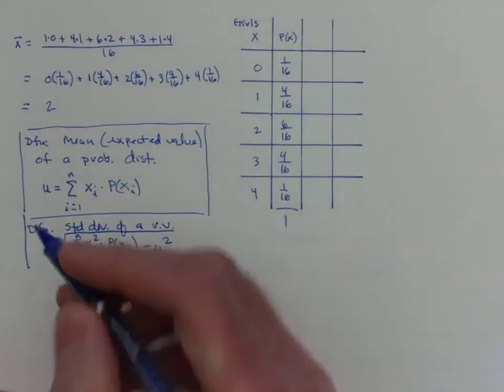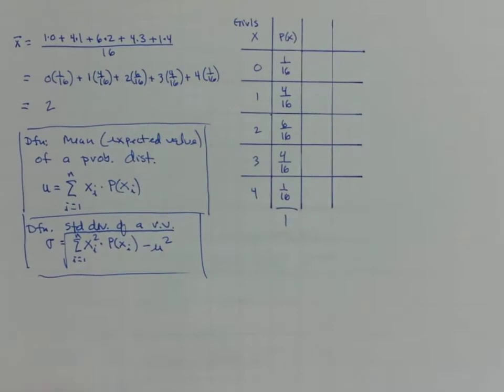Yeah, I know. But that's what it is. If you leave off the square root, then you have what we would call the variance of the random variable, or the variance of the probability distribution. And so that is the same sort of terminology that we were using with data sets.